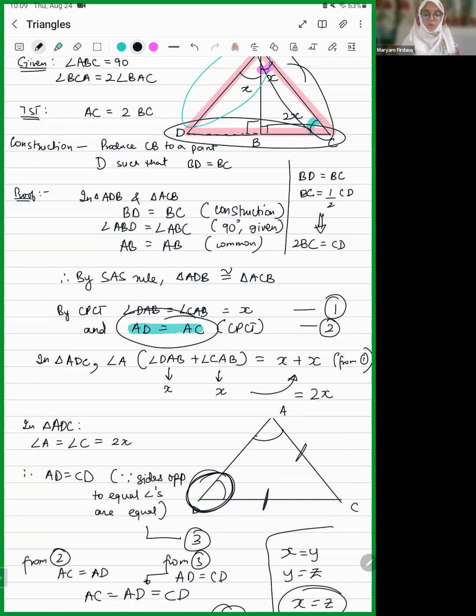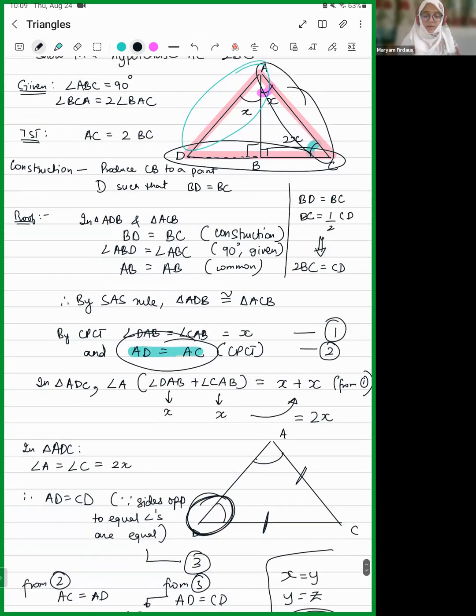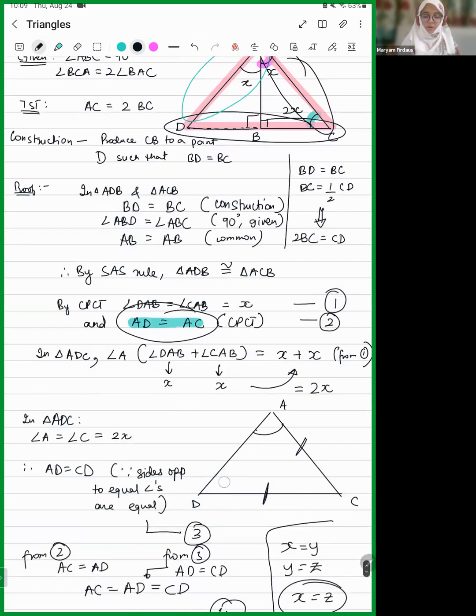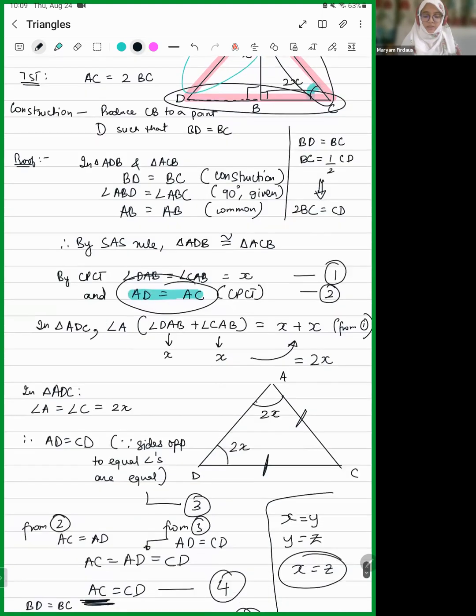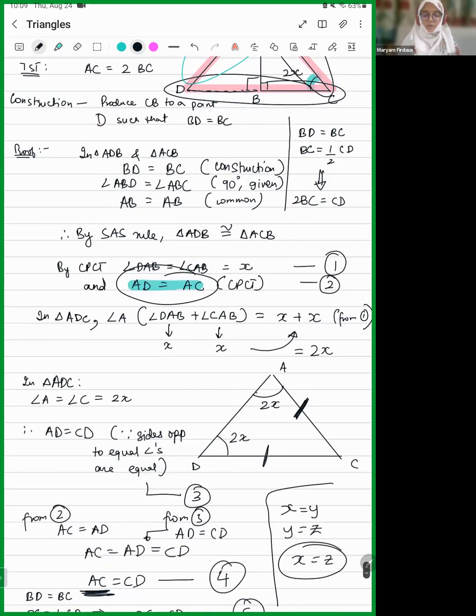Why is it equal to 2x? Because of CPCT. It is going to be equal to 2x because these two triangles are congruent to each other. So this angle is also going to be equal to 2x, and we have shown that this is also equal to 2x. Therefore, this side is going to be equal to this side.